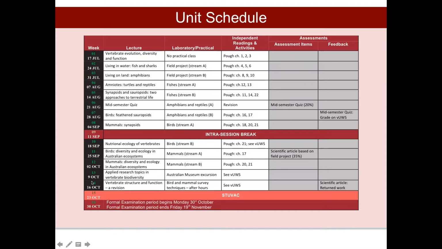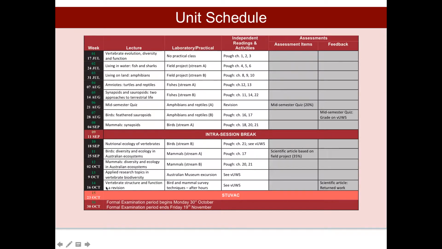You'll also notice that in week 13 we have an excursion to the Australian Museum planned. That will likely occur on the Tuesday, the normal prac day, but we could think about having it on another day. We'll work out the exact date that suits everybody at a later time.